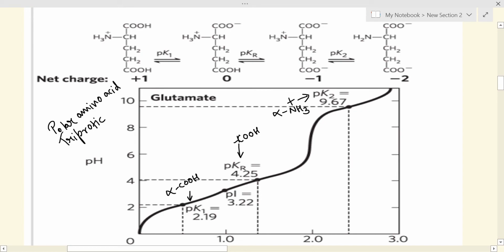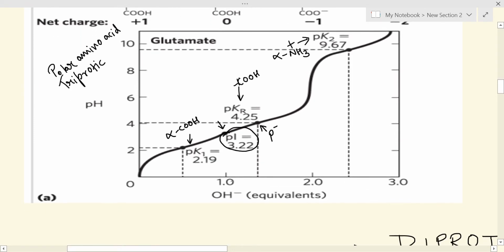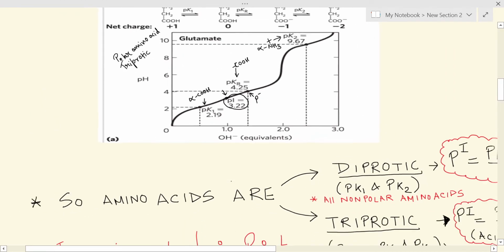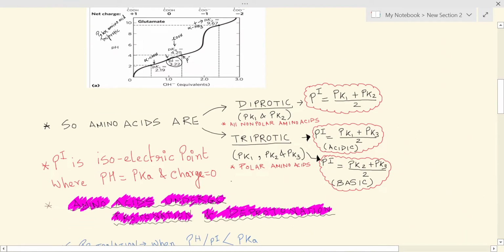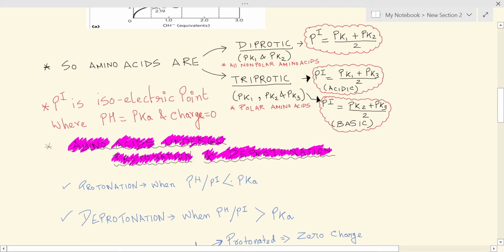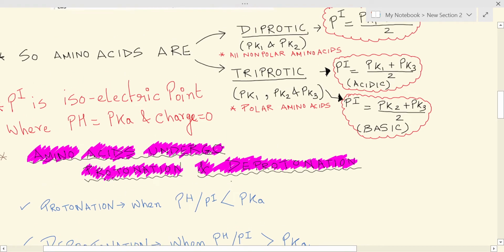So there are three pK values, as you can see, and this is the Pi value, where pH equals pKa. I hope this is clear. If we categorize amino acids, it is clearly mentioned here.